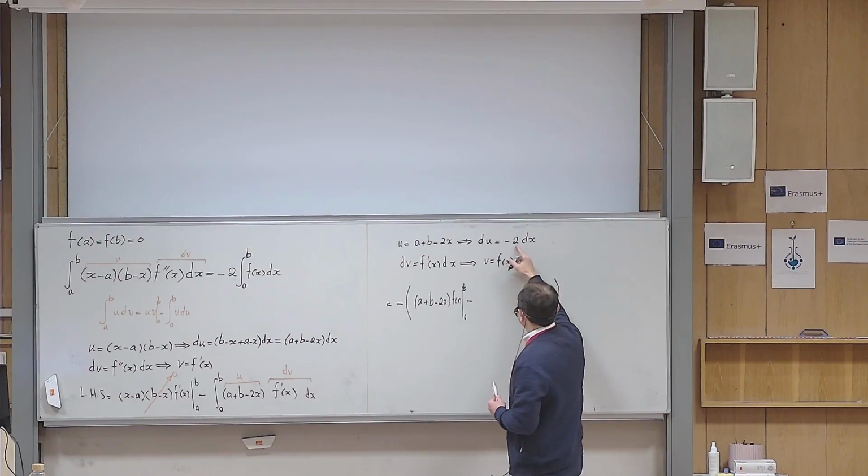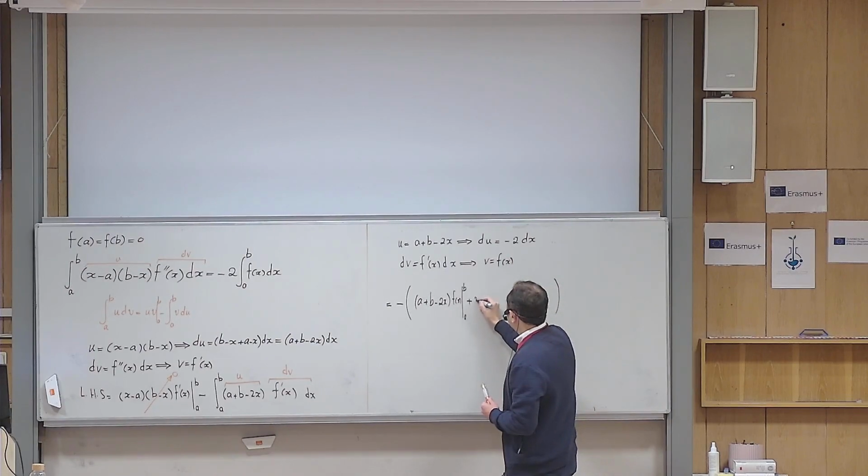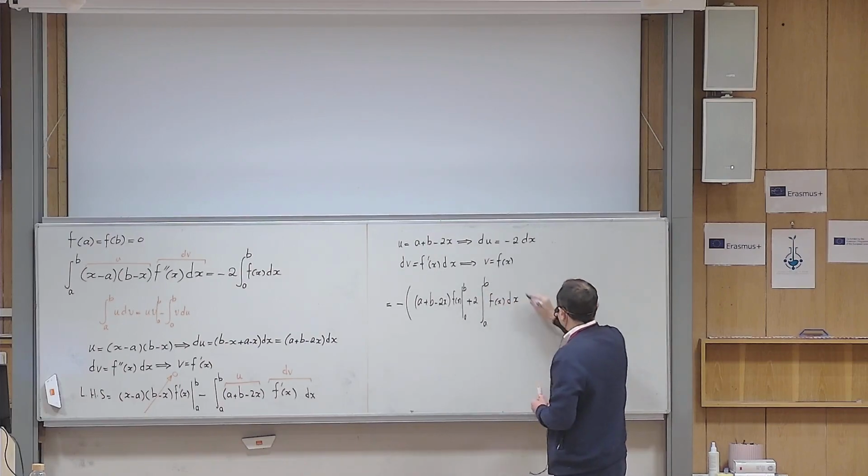But you see that du contains a negative factor minus 2. I pull it out, so it becomes positive 2, and then I will have f of x dx from a to b. And now I can bring it a little bit closer.